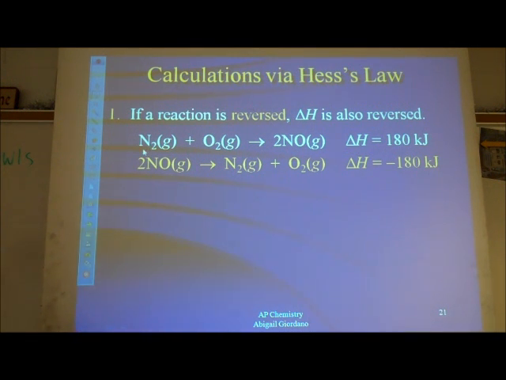If it's endothermic when written in this direction, which, let's review, does that mean heat is a reactant or a product? Endothermic. Reactant. If you turn the reaction around, heat is now a product, which makes it exothermic. So flipping the reaction is one way you can manipulate it.